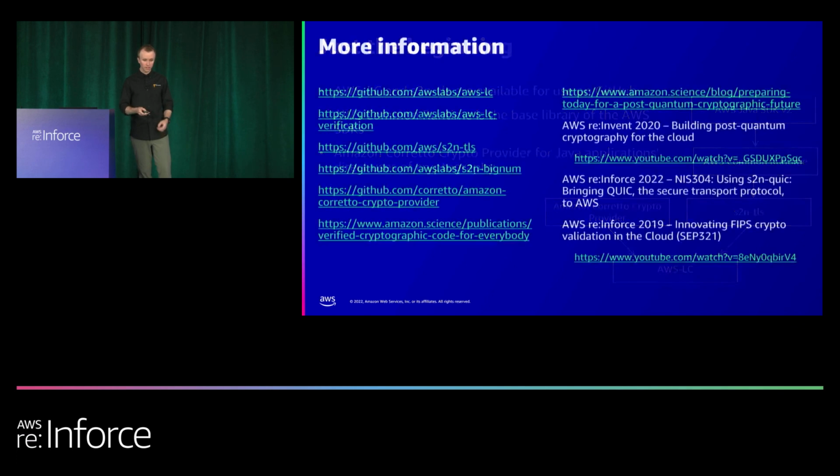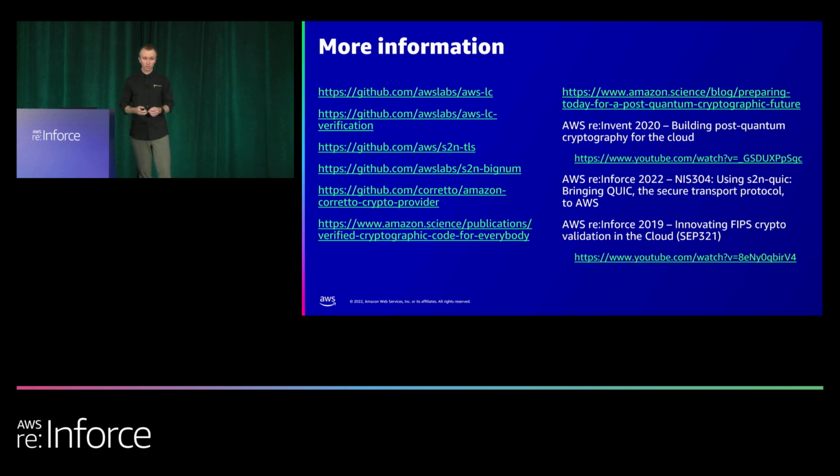Here is some more information. What I'd like to call out as interesting is the link to the Amazon Science paper, Verified Cryptographic Code for Everyone. There you can learn more about our formal verification improvements in AWS-LC and the work we did with Galois to verify the algorithms.